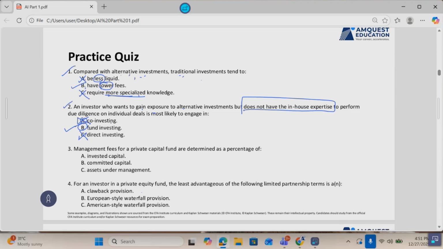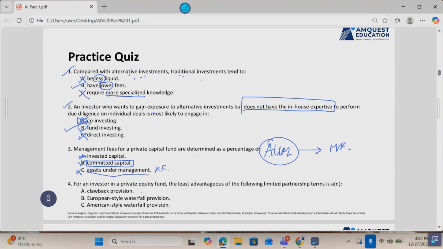Next, management fees for private capital are determined based on what? It is assets under management, which is normally not just the invested capital, it can be both, but it's more on the committed capital. Actually, when we say AUM, this term is more for mutual funds.